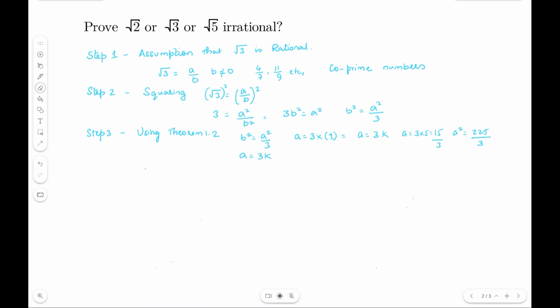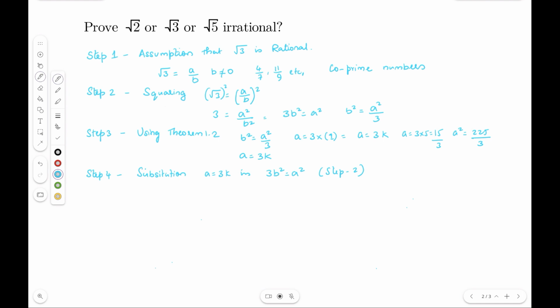Step number 4 is substitution. What will we substitute? We substitute a is equal to 3k in 3b square is equal to a square, which is in step 2.